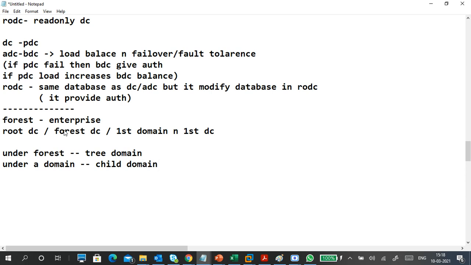You can follow the picture. The picture contains a good, neat explanation. The administrator of the forest DC is nothing but the enterprise admin, the admin for all.